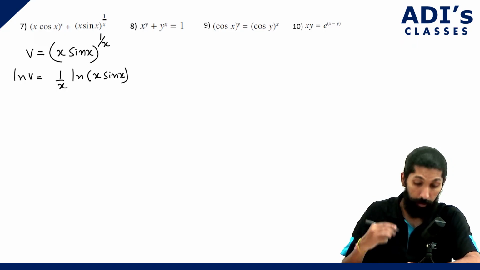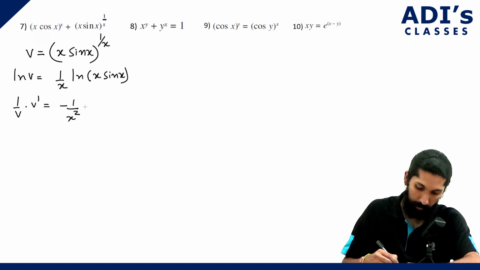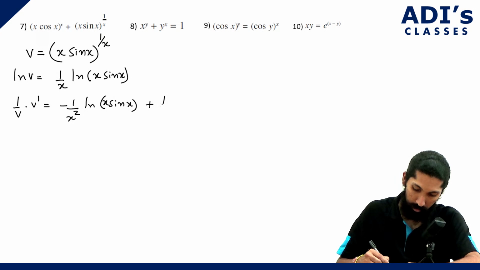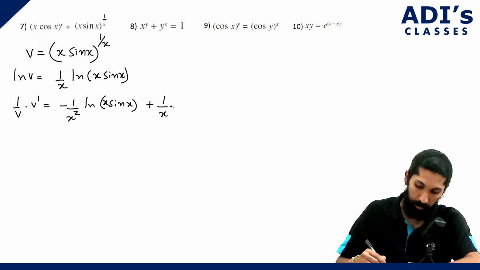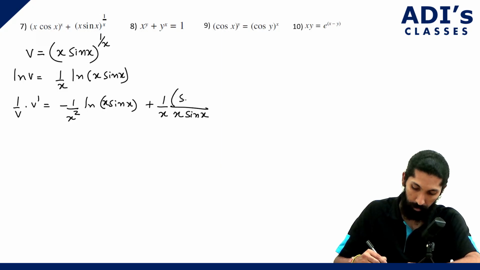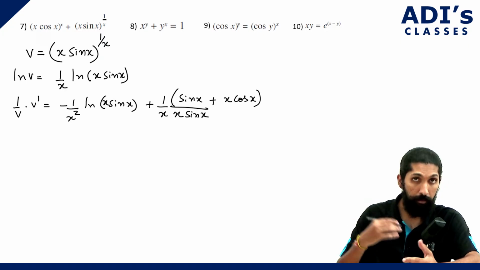Differentiate. 1 by v into v dash is equal to minus 1 by x square into log of x sin x, first part, plus 1 by x into 1 by x into sin x plus x cos x. This is going to be the value. We need to multiply, simplify this and lots of other things.